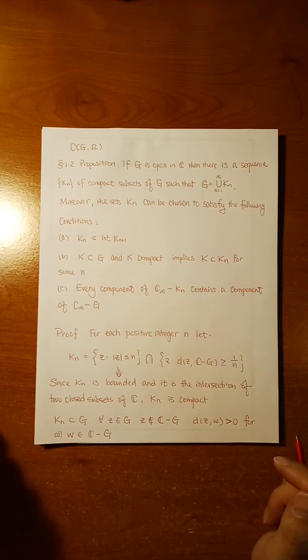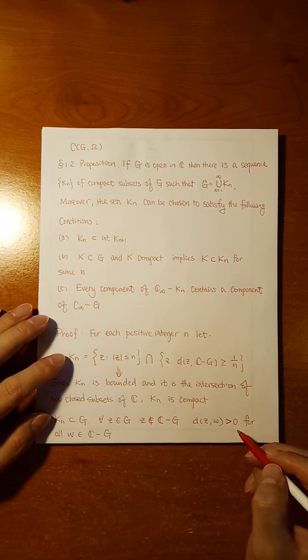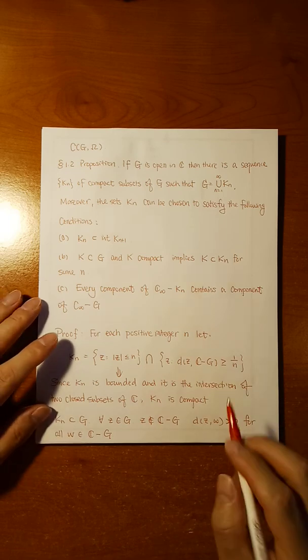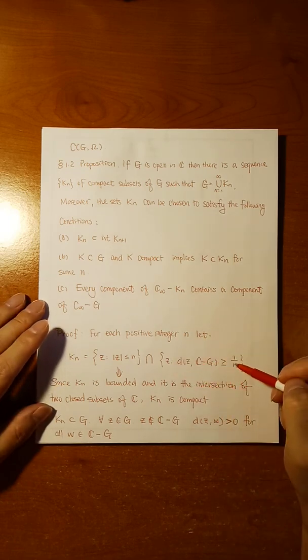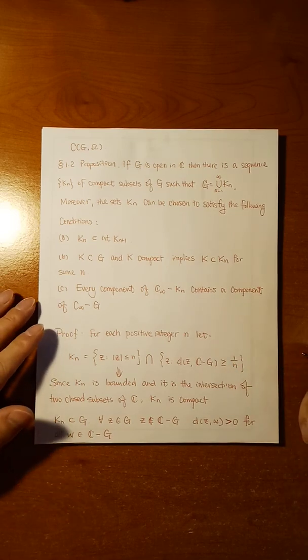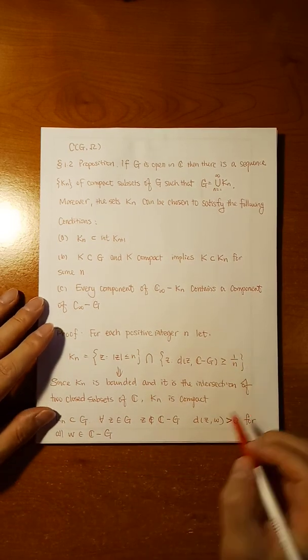And we have to claim it's not just greater than 0, it is greater than some fixed number. You see here, this condition says it's uniformly away from the complement. Why? Okay, we are going to show that.